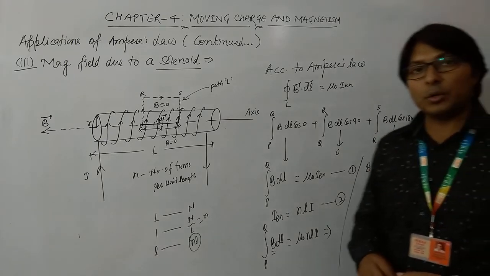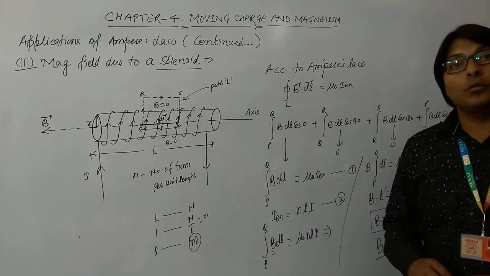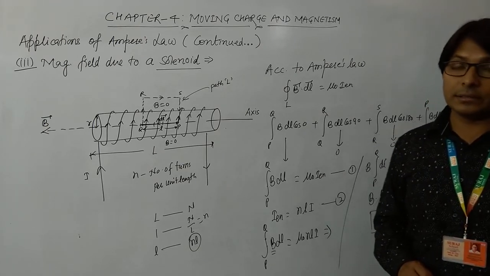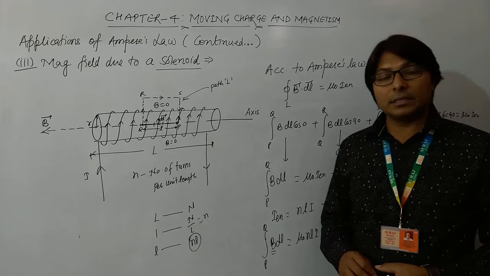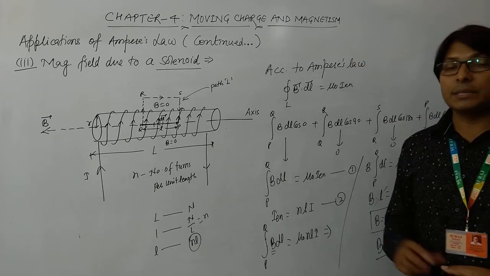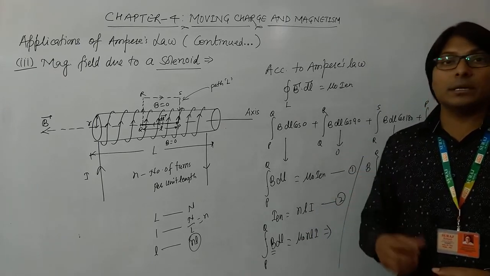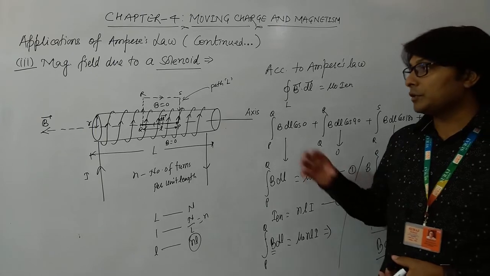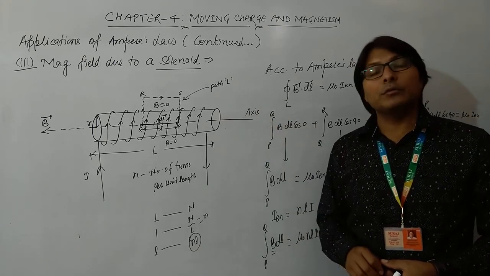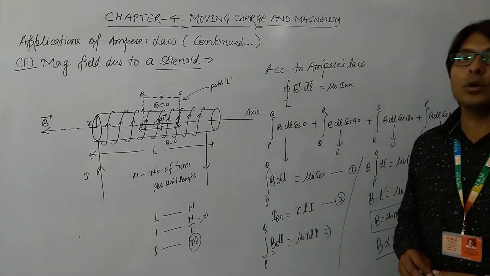A solenoid is one example of an electromagnet, and you all know that an electromagnet behaves like a magnet when current flows through the circuitry, and otherwise, if current is not flowing, it behaves as a simple material. So for making a strong electromagnet, we simply insert an iron rod, which has high permeability, or which is a ferromagnetic material.